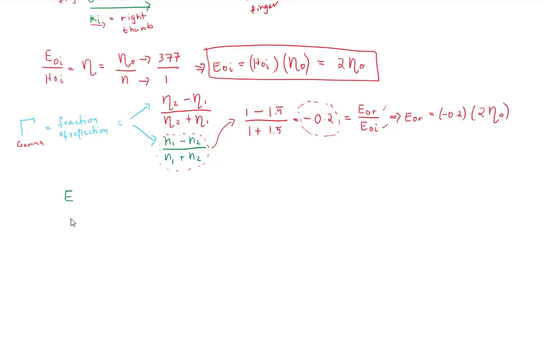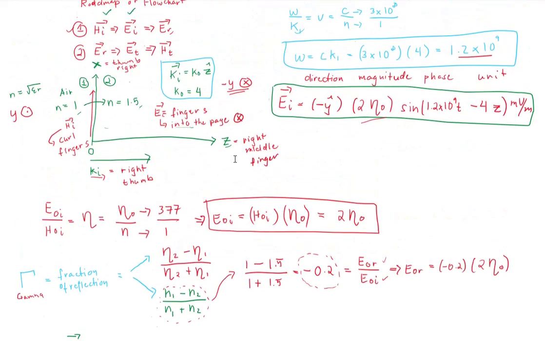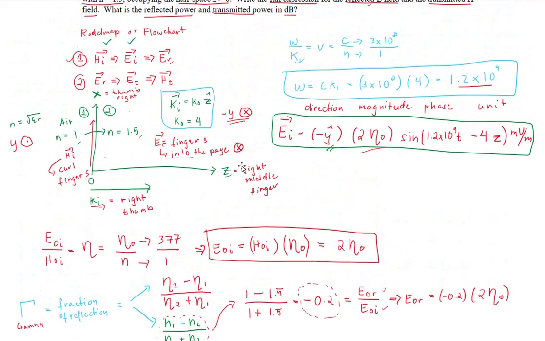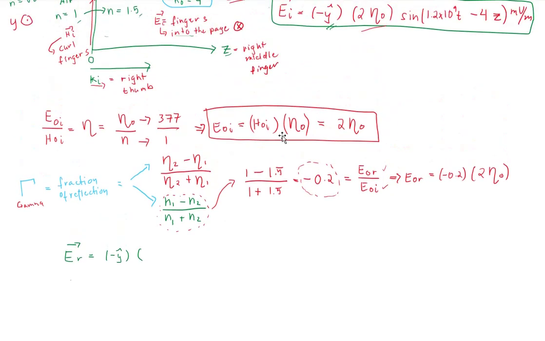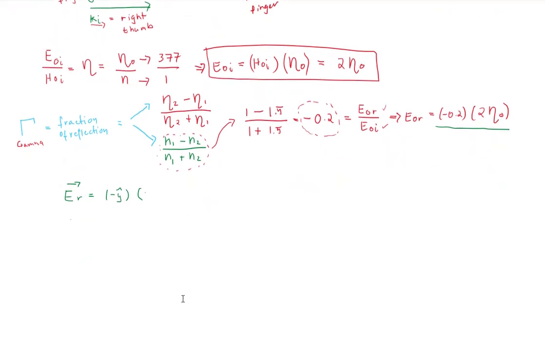For E reflected, we need our direction, which we just copy again from here. That's going to be negative y hat times our magnitude. Our magnitude is given by this too, right? So we just have negative 0.2 times 2 eta naught.